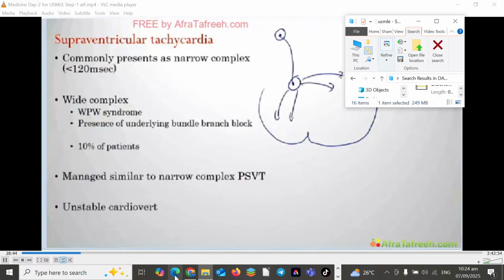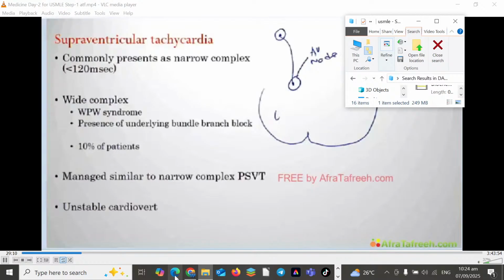This particular phenomenon is called a supraventricular tachycardia. The only reason a supraventricular tachycardia is prevented in normal individuals is because of the AV node. AV node is the gatekeeper.